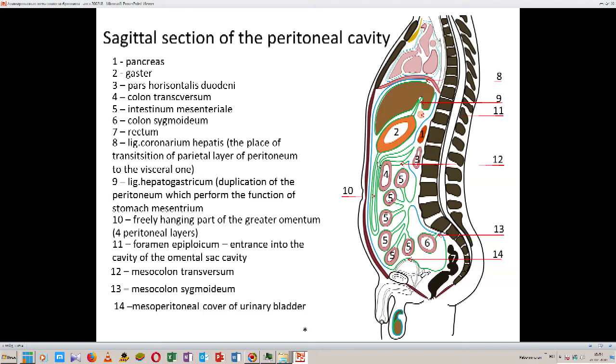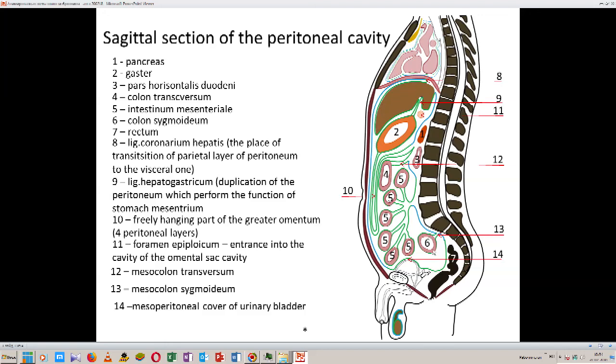The green one, visceral part or visceral sheet, visceral peritoneum, and the blue one, the parietal peritoneum, peritoneum parietale.